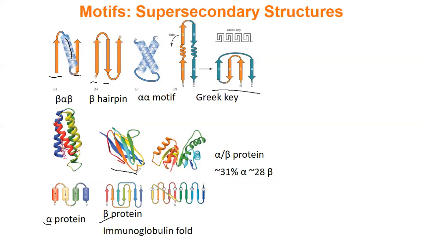That is just a beta sandwich that's seen in like antibodies. Like every antibody will have this type of fold. You see it everywhere. The majority of proteins, though, are what we call alpha beta proteins. When we look at a protein's tertiary structure, it's usually made out of both alpha helixes and beta sheets. So that's the majority of proteins, that they have both types of secondary structure.